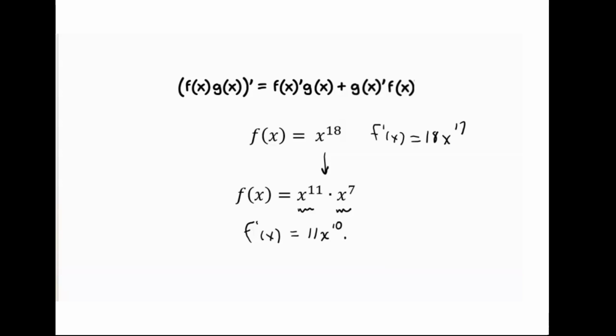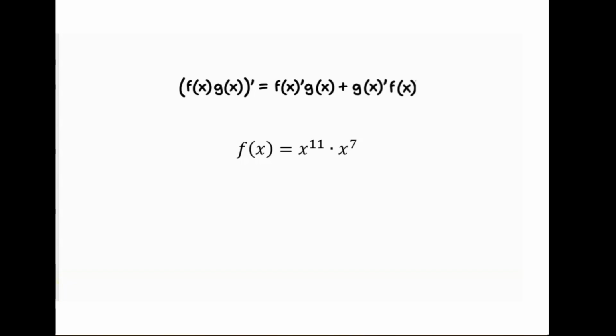And the derivative of x to the 7th would be 7x to the 6th, which equals 77x to the 16th power, which is not the same answer as 18x to the 17th. And the reason being is we have to use something called the product rule. And in this video, we will go over different examples with the product rule.